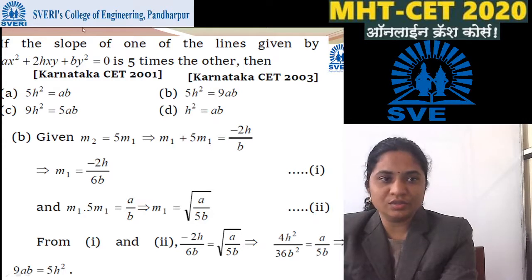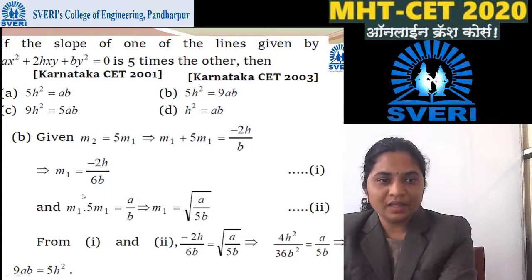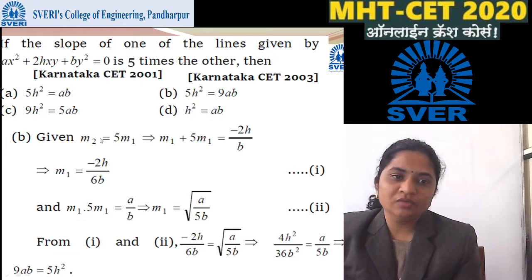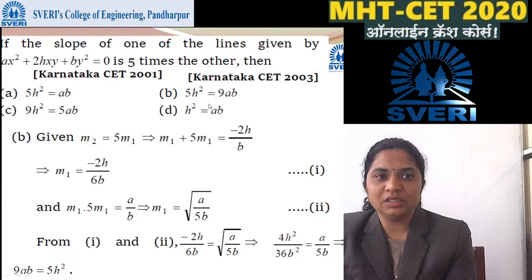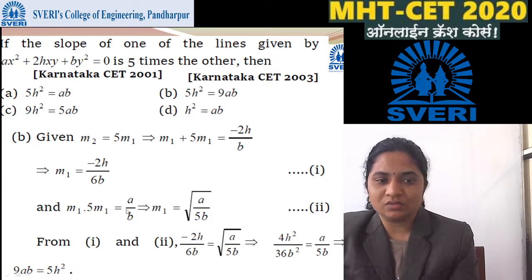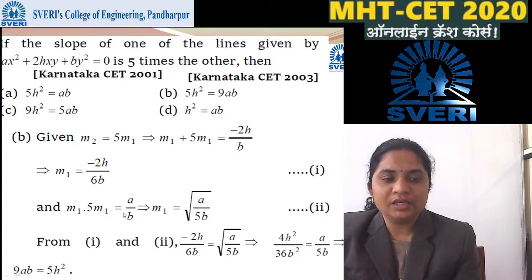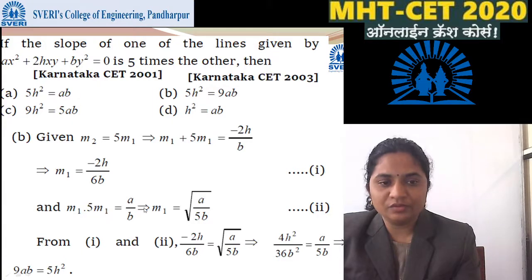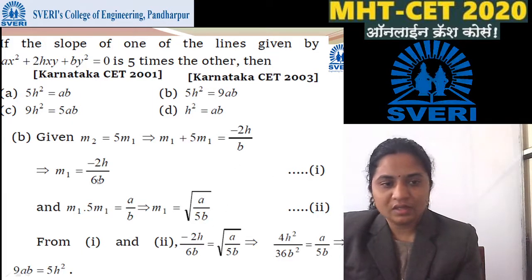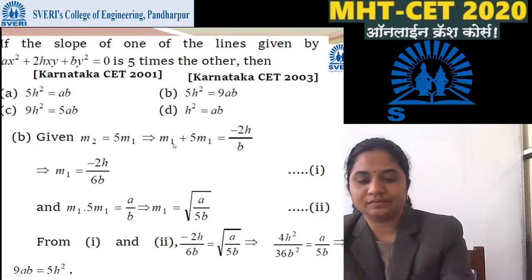Addition of the two slopes is minus 2h by b, and their multiplication is a by b. You can use that too. So m1 plus m2, m2 is 5 m1, is minus 2h by b. So m1 we'll find from this, 6 will be decided, and multiplication of them is a by b. So m1 into 5 m1 is a by b, then from this m1 is this. Here is m1, here is m1, both are the same. Equating and solving, we get 9ab is 5h square. Option B.